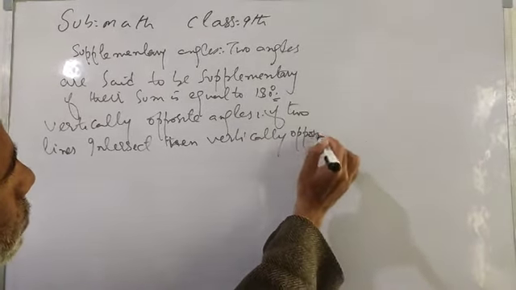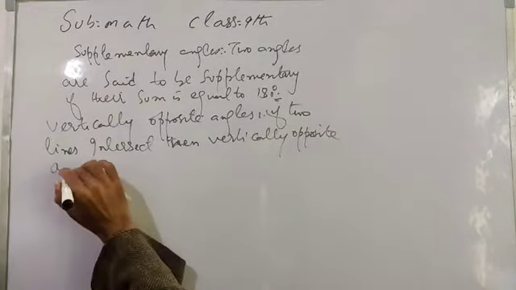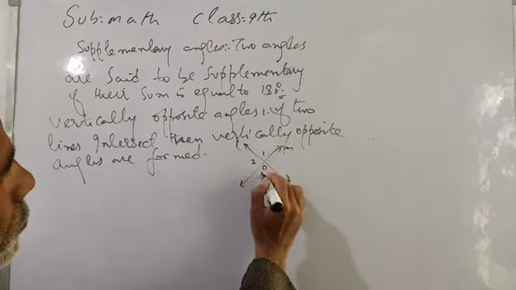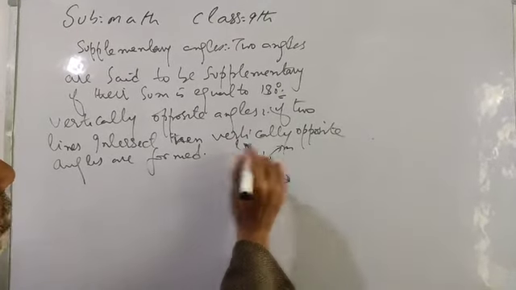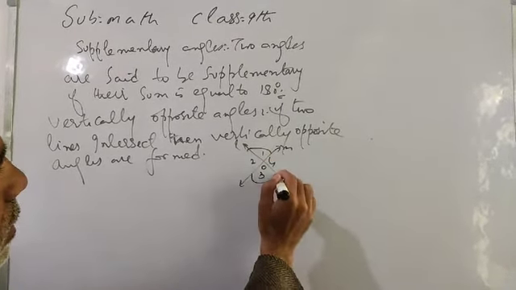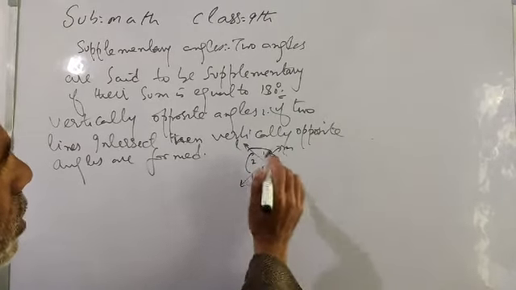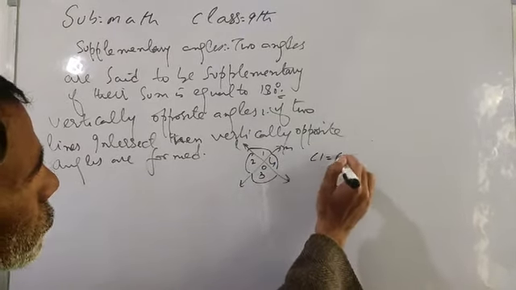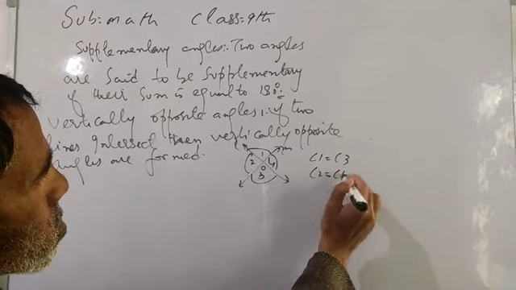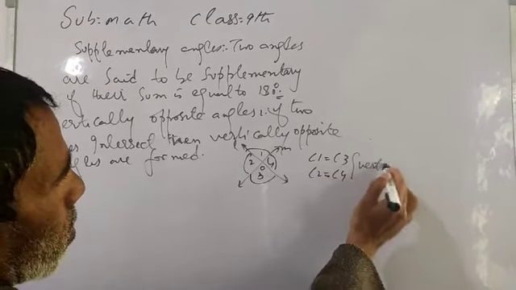These are two lines L and M. These are vertically opposite angles 1, 2, 3, 4. Angle 1 and angle 3 are vertically opposite angles, and angle 2 and angle 4 are vertically opposite angles.